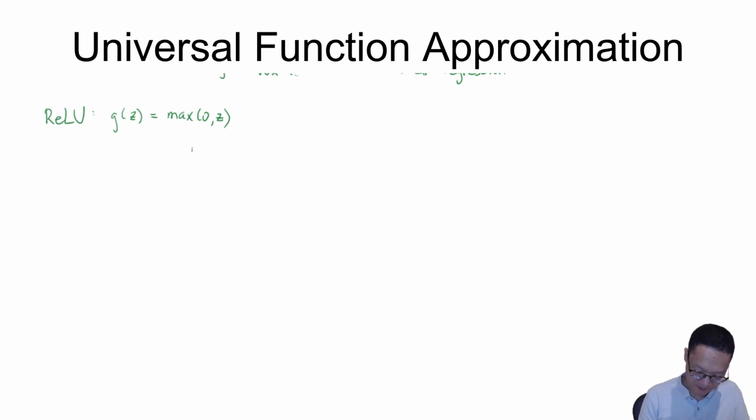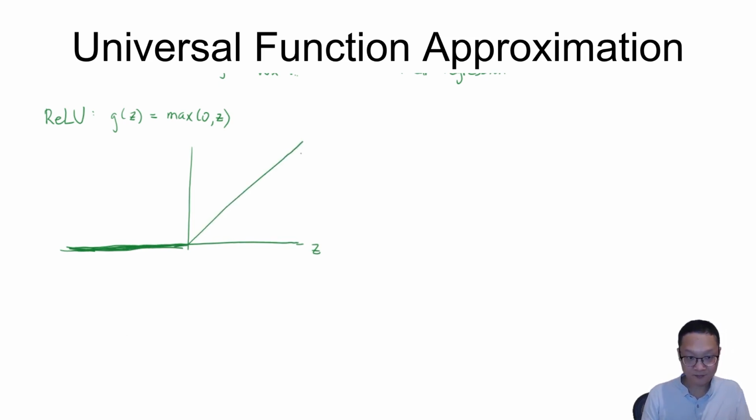We can draw this. It should just look like 0 on the left, and then Z. So this is G of Z.